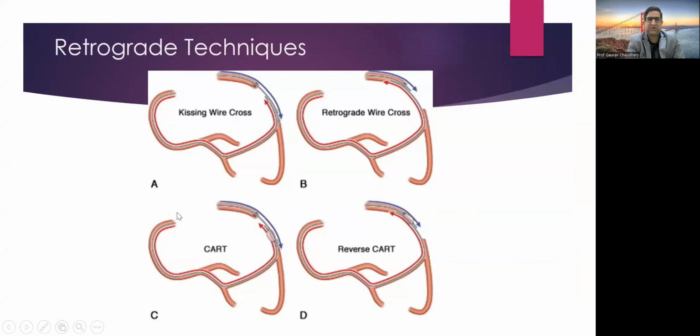This is the technique shown in figure D. Suppose you have an LAD CTO and you are trying to negotiate the retrograde wire and it is not crossing from lumen to lumen.